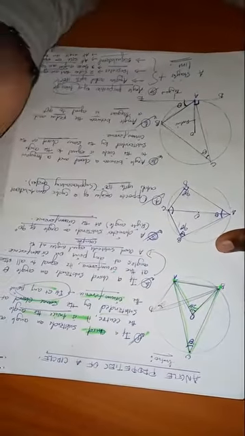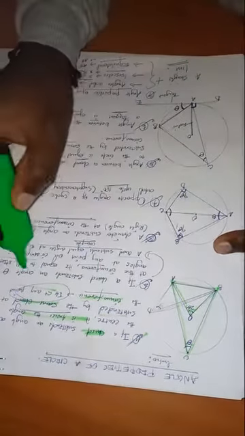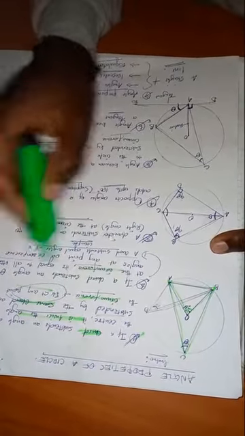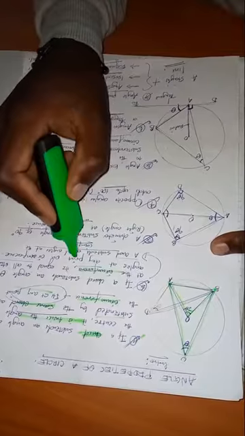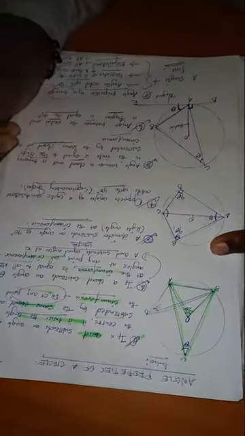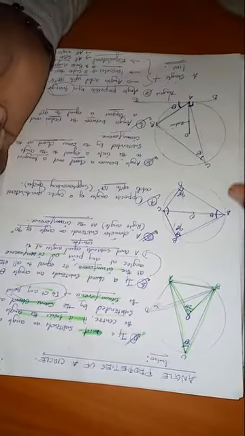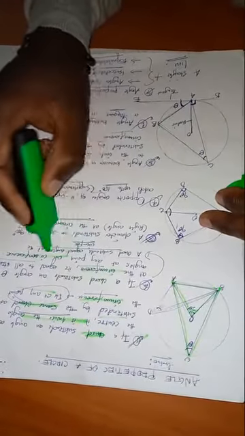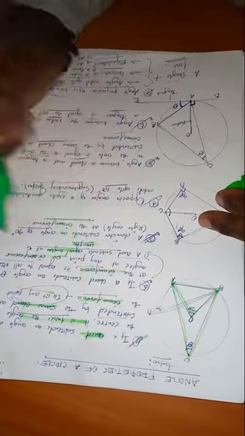The second property is that if a chord subtends an angle at the circumference, it's equal to all other angles at any point on the circumference. Or you can restate the property and say that a chord subtends equal angles at the circumference.